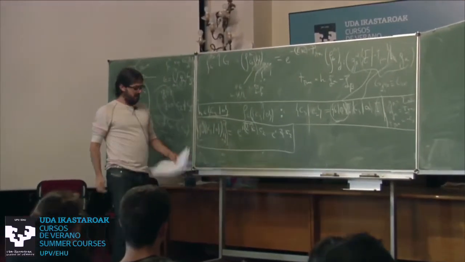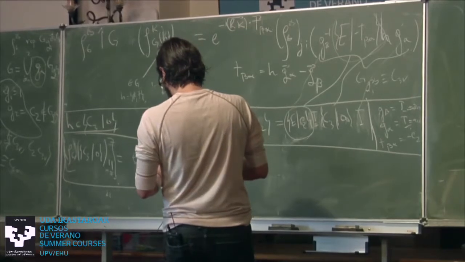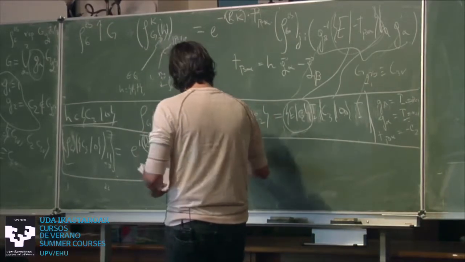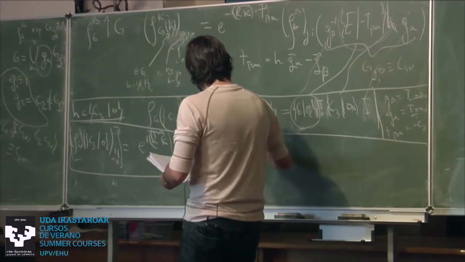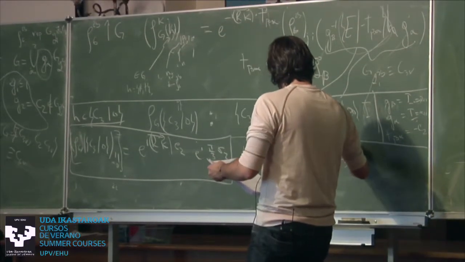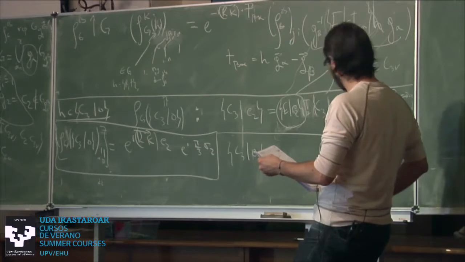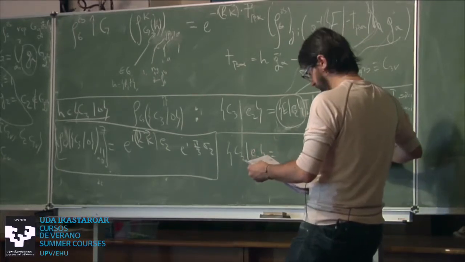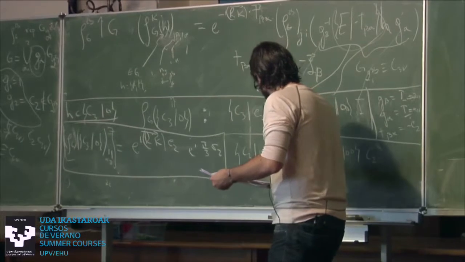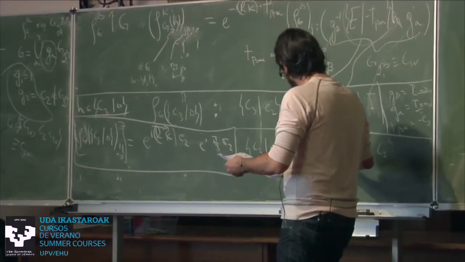For the 2, 2 matrix element, I urge you to check the following, that C3E2 can also be written as C3 0, 0 times C2 to the minus 1, times C2 times C2 to the minus 1, times translation by minus E2.